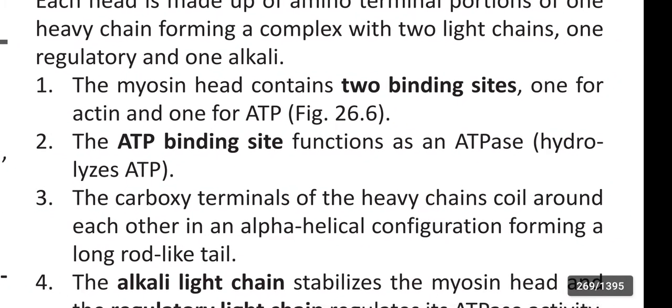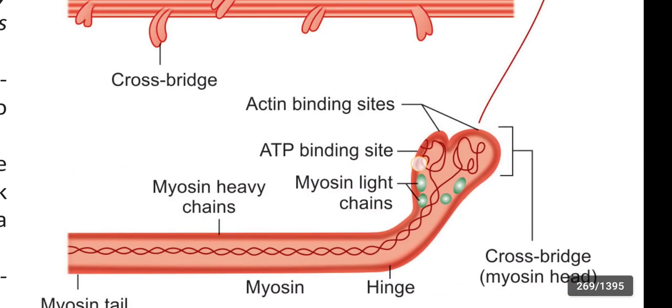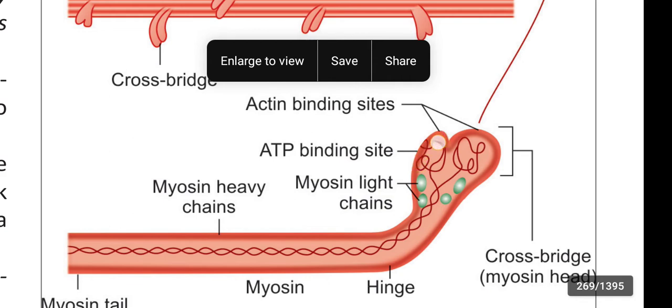And next, the myosin head contains two binding sites, one for actin and one for ATP. If you see here, this is the head of the myosin.